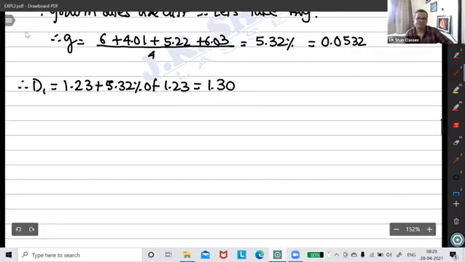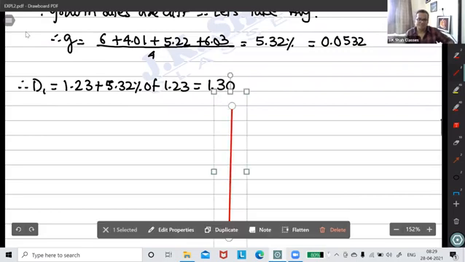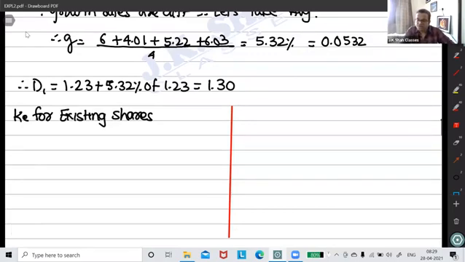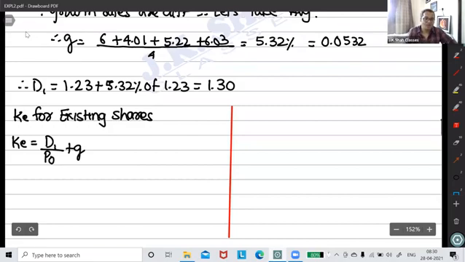Now we calculate KE for existing shares. We are doing two calculations, KE for new and KE for existing. So KE would be D1 upon P0 plus G. D1 we write 1.3.